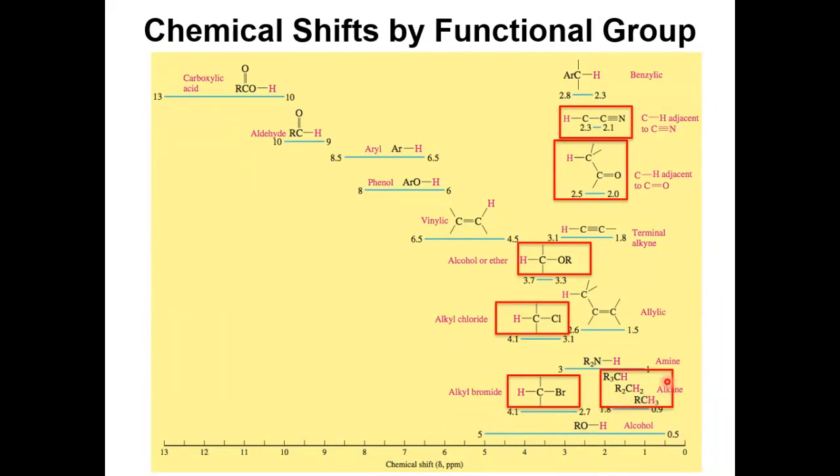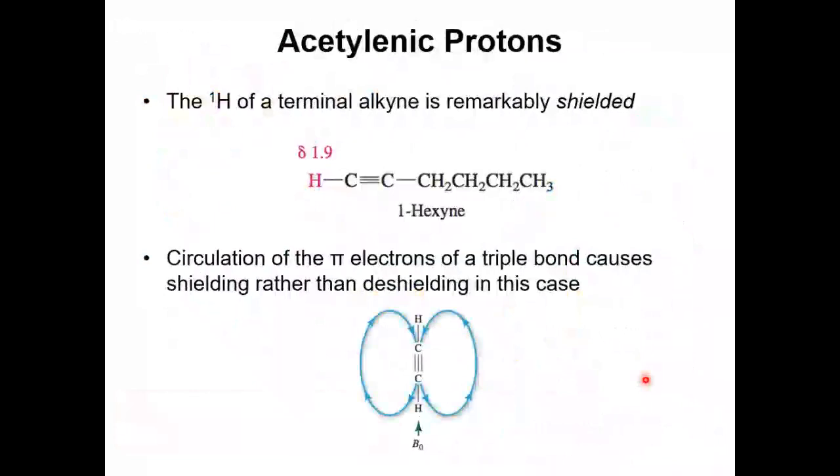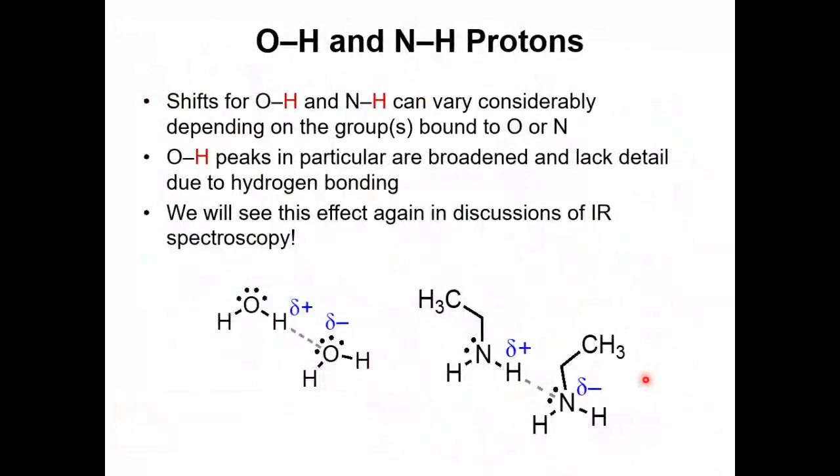NH can also vary quite a bit, 1 to 3 ppm. Why can they have such a large chemical shift variation? Mainly because the OH and NH groups have a decent tendency to form intermolecular hydrogen bonds.